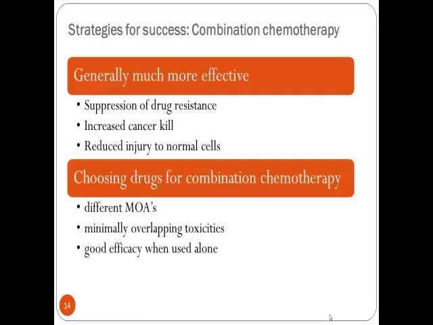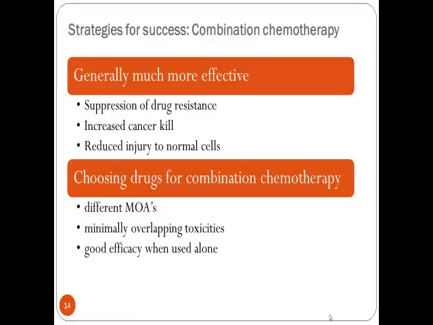And because you are giving the patient different drugs, which hopefully work by different methods, it's sort of getting to the same thing from a lot of different angles and hopefully increasing the cancer kill rate.